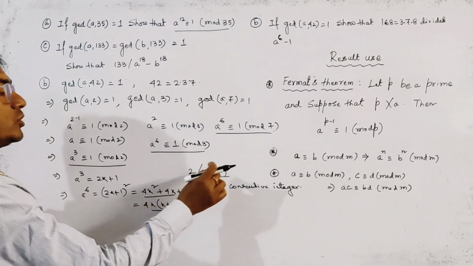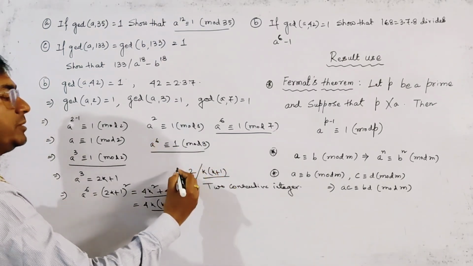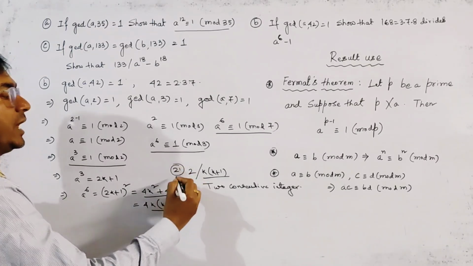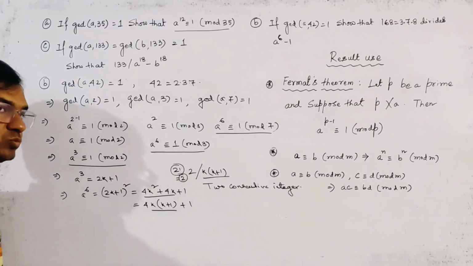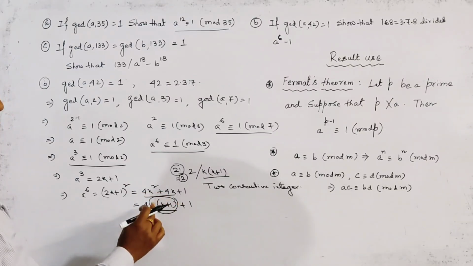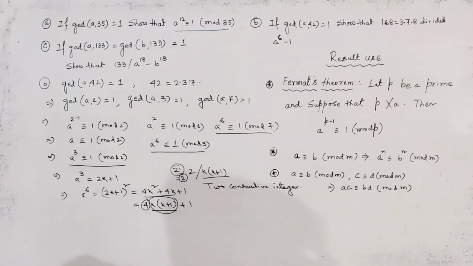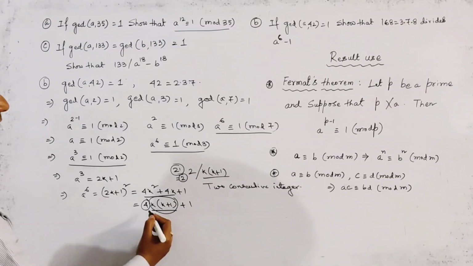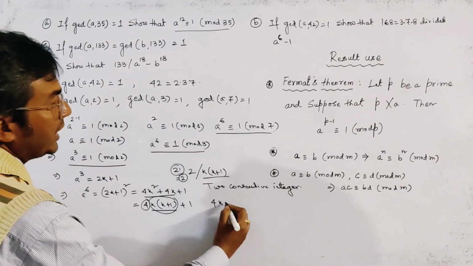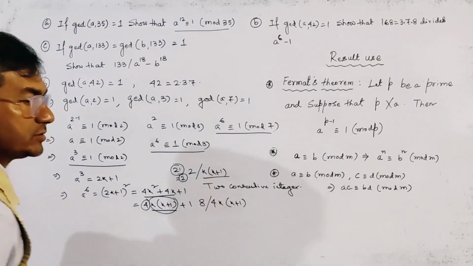We know that the product of n consecutive integers is divisible by factorial n, and factorial 2 means here 2. So this term is divisible by 2, and here a 4 is present. So we say that 4 into k into k plus 1 must be divisible by 8.